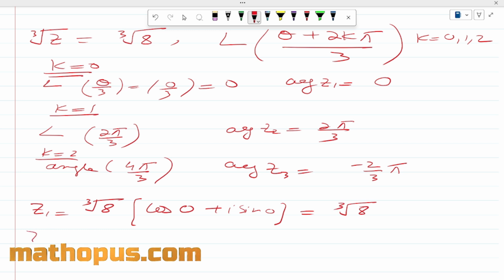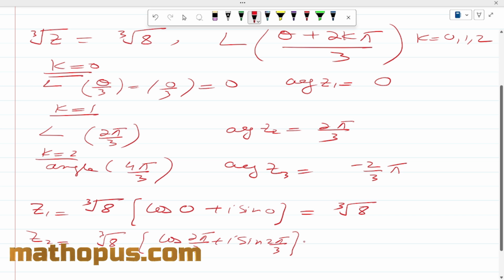Second cube root, z2, is cube root of 8 times cos of 2 pi over 3 plus iota sine 2 pi over 3. If it is required to write the answer in polar form, then this is the answer.